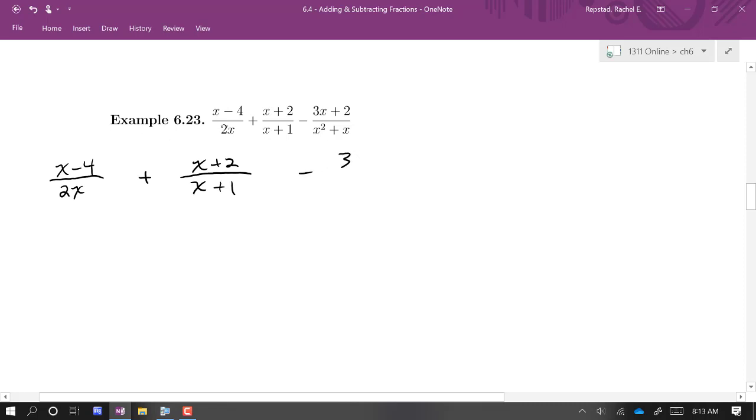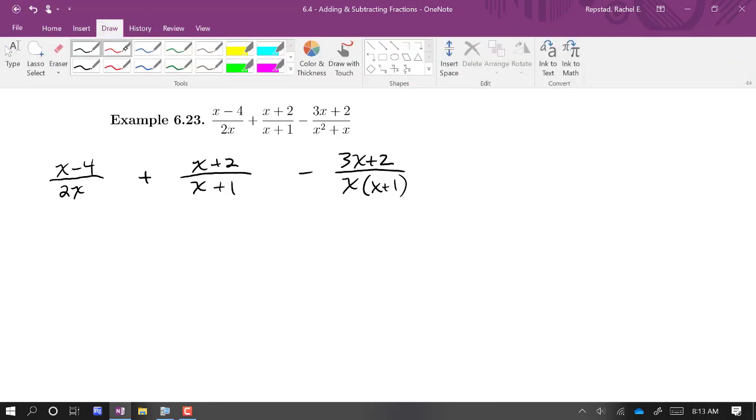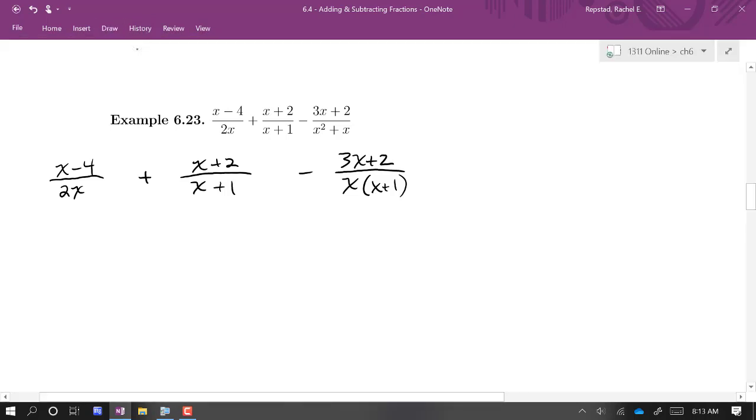Now the 2x and the x plus 1, there's no factoring to do there. But this last denominator, we could take out an x, so that's x times x plus 1. So now, the least common denominator is what I'm going to build up to, making sure I have all the factors that are present without grabbing anything extra.